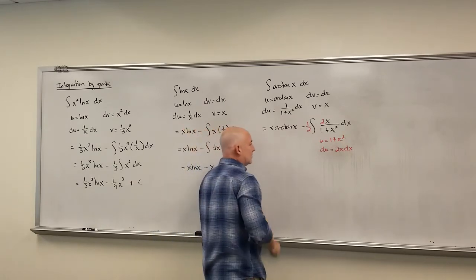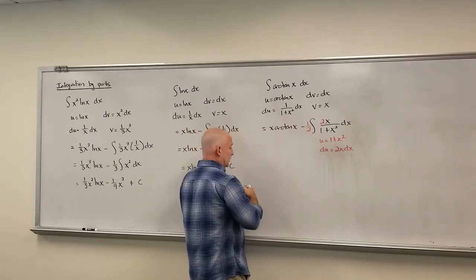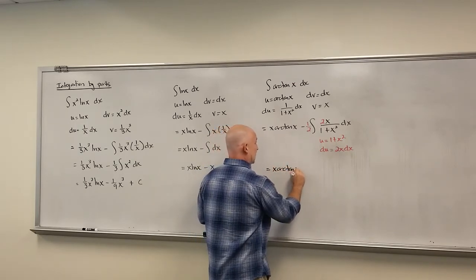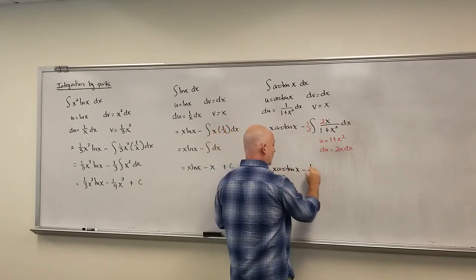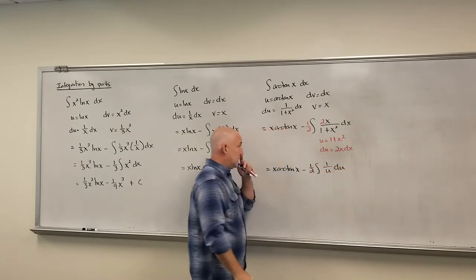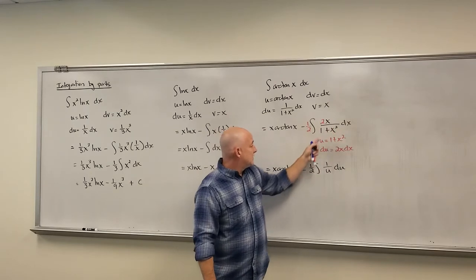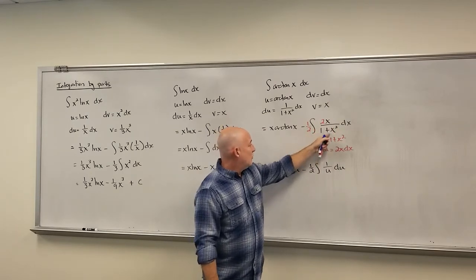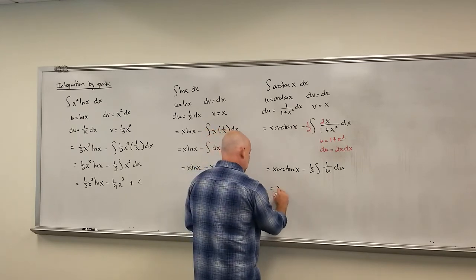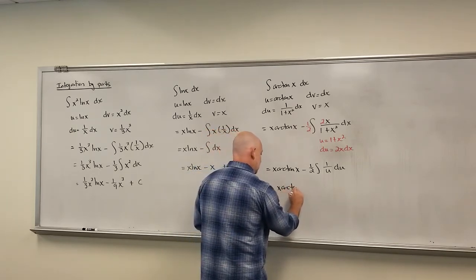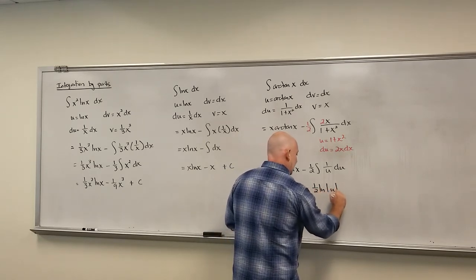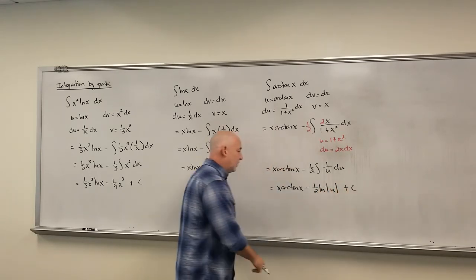Notice that this integral now becomes x arctangent of x minus 1/2 the integral of 1 over u du. Right, our 2x dx is our du piece, and 1 plus x squared is u. Now we know what that integral is. That's x arctangent of x minus 1/2 natural log absolute value of u. I'm going to put my plus c there.